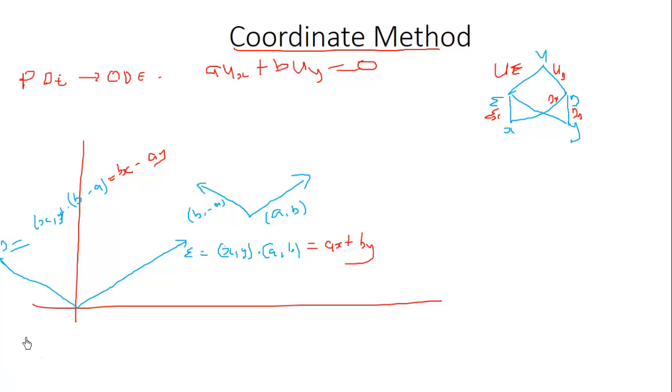So we realize that eta x will be equal to b, then eta y will be equal to negative a, then we have zeta x will be equal to a, then zeta y will be equal to b.